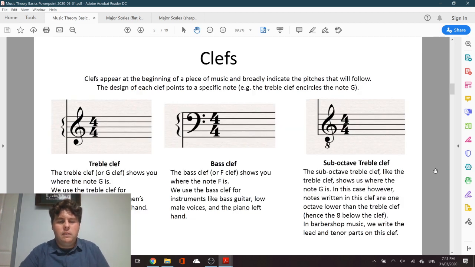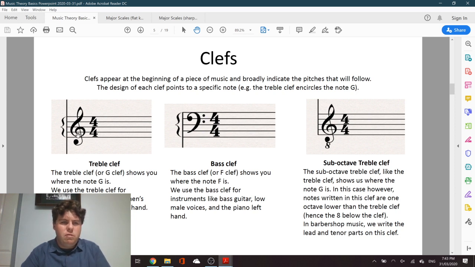Clefs. Okay. Clefs appear at the beginning of a piece of music, and they broadly indicate the pitches that will follow. The design of each clef points to a specific note. For example, the treble clef encircles the note G. The treble clef, also known as the G clef, shows you where the note G is.